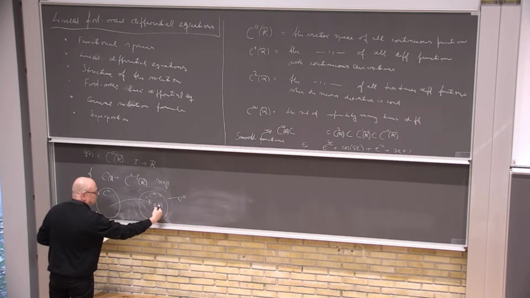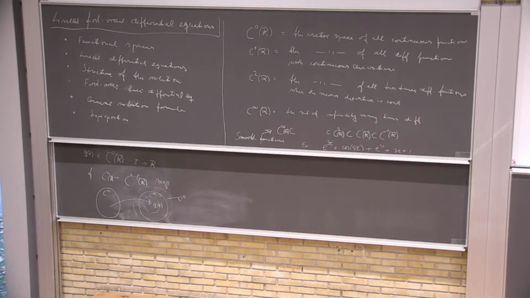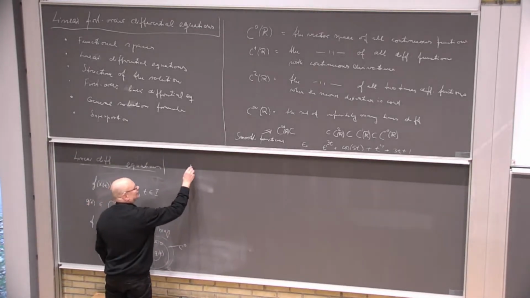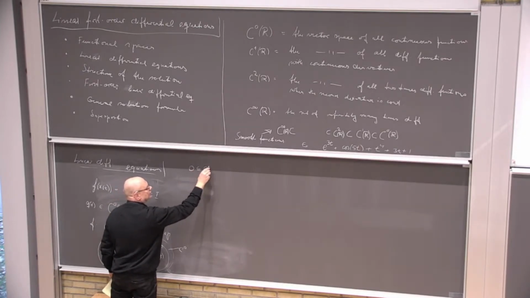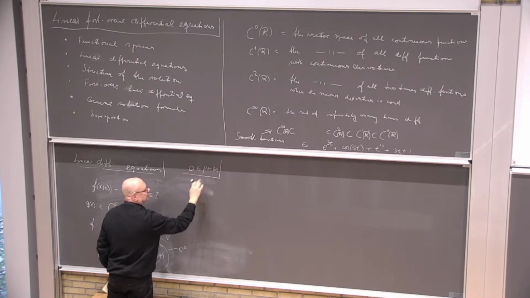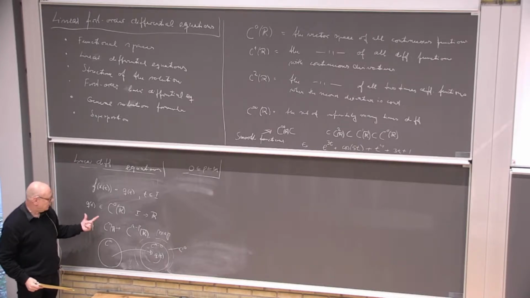So q of t should actually also be in this subspace, which is the mapping of f. And generally, you have that the parameter p is less than n, because if it was greater than n, then you would end up in a function that is not differentiable.